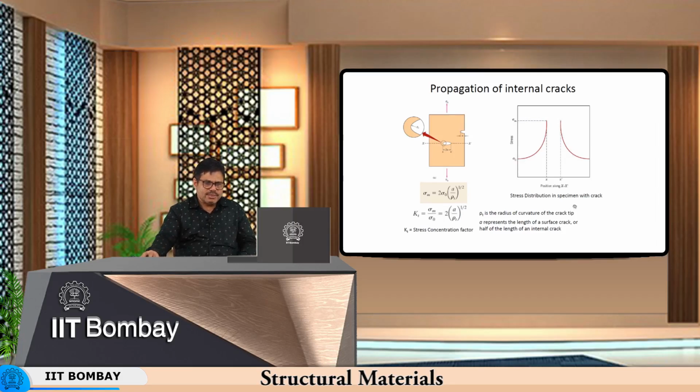So, what you see is that Kt is essentially the maximum stress experienced by the material divided by the average stress, or the mean stress, that is experienced all over.